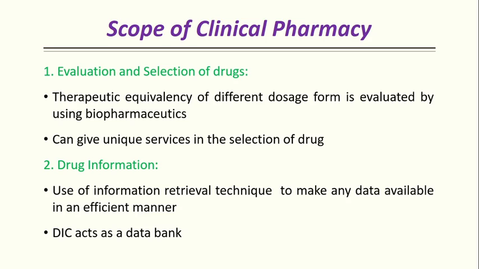The DIC, that is the Drug Information Center, acts as a data bank with the clinical pharmacy. The pharmacist is responsible to collect authentic information and store it in the DIC, and also to provide the authentic information to the healthcare team. So a scope of clinical pharmacy is drug information, that is authentic drug information.